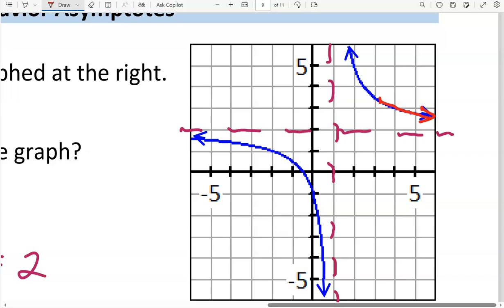Now the same is true for values of x that are very negative. When they're very negative, the y values are also approaching 2 because that remainder piece is getting very, very small, or rather the remainder divided by the divisor is getting very small.